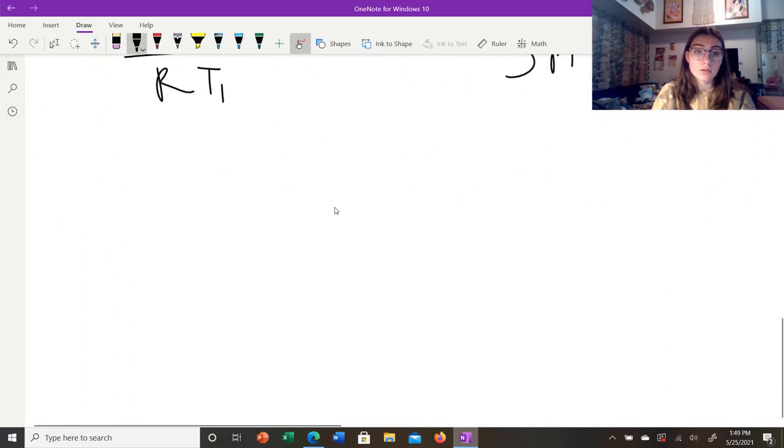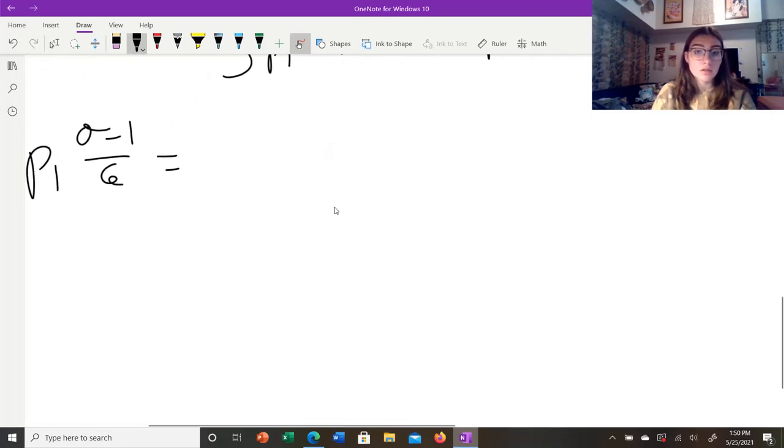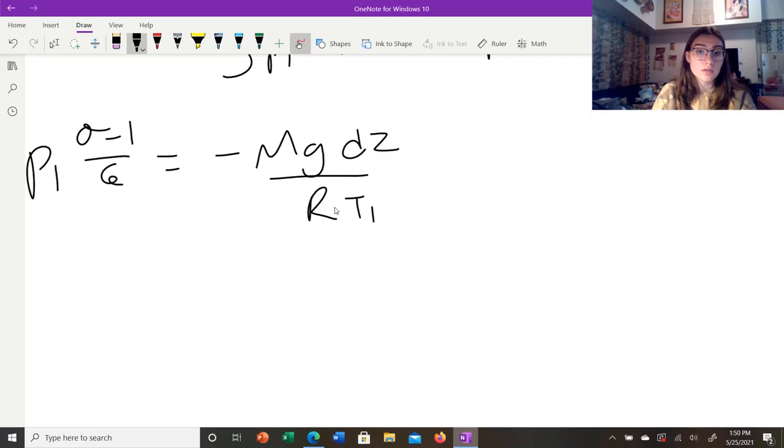I will get my screen together so you can put all the stuff together. So P2 to the (gamma minus 1) over gamma minus P1 to the (gamma minus 1) over gamma equals the same stuff as before: the negative mg delta z over R T1 P1 to the (gamma minus 1) over gamma.